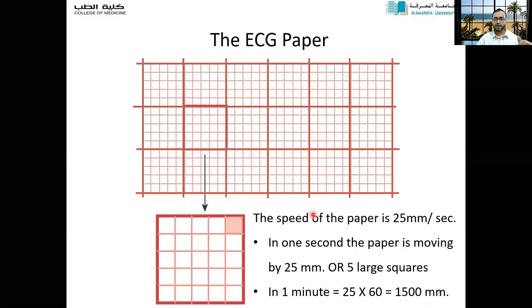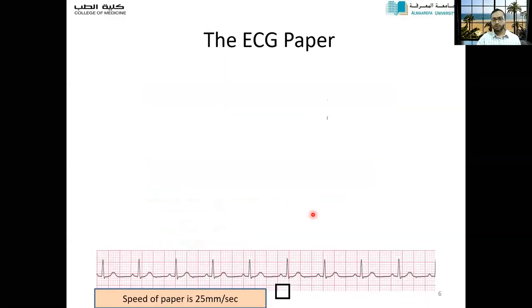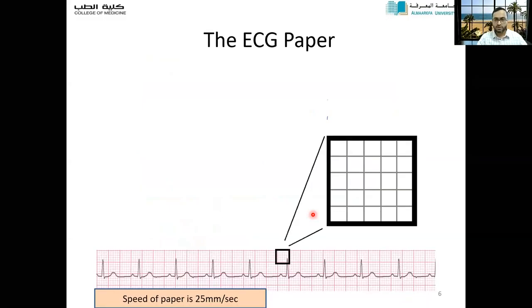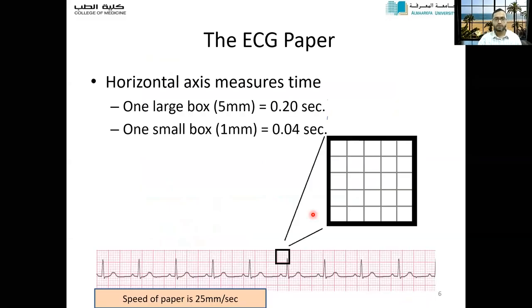In the same way, knowing 1500 millimeters as well as 300 large squares, you can comment about 1 small square or 1 big square also. To remember, we have to fix in the mind that 1 large square, that is 5 millimeter on ECG paper, equals 0.2 seconds. From here to here, 1 large square is 0.2 seconds.